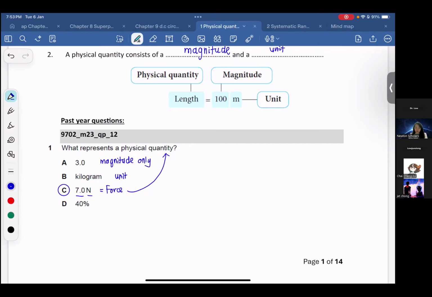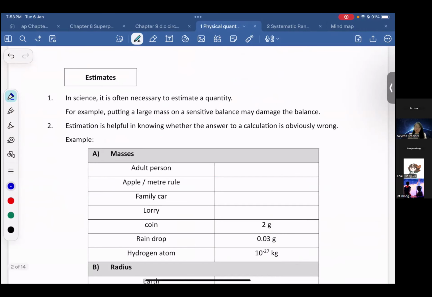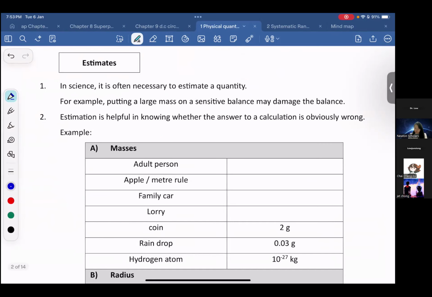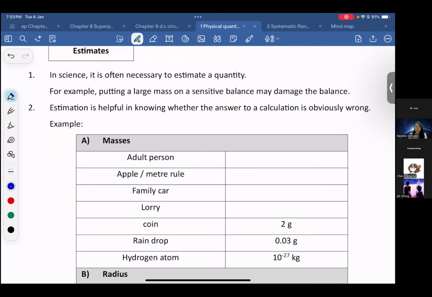Thank you. Okay, estimation. So page number 2, estimation is something new for us. We need to know how to do some estimation. It's very important in our life. We want to know whether the value that we calculate is correct or acceptable, or actually obviously wrong.